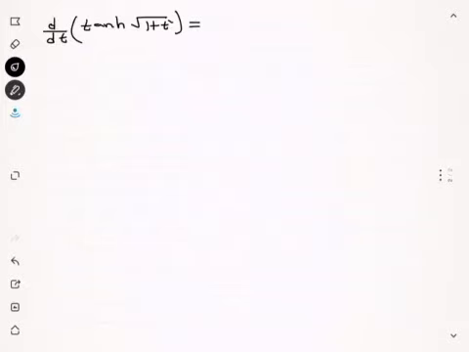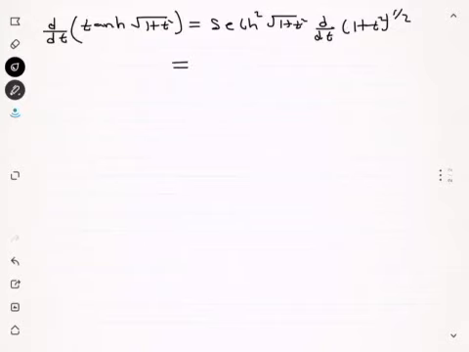This is equal to the hyperbolic secant squared evaluated at the square root of 1 plus t squared, times the derivative with respect to t of 1 plus t squared raised to the 1/2 power.